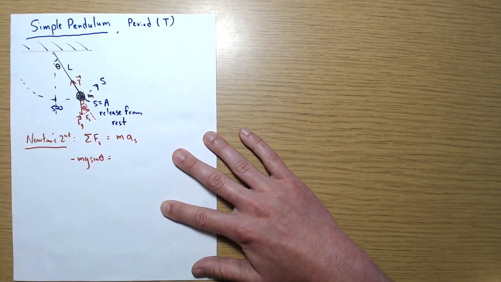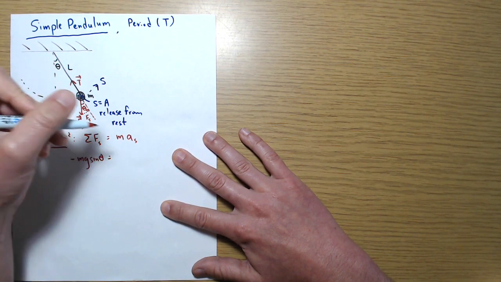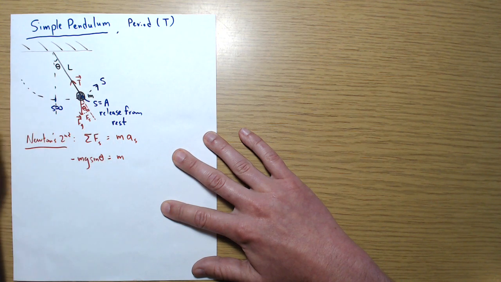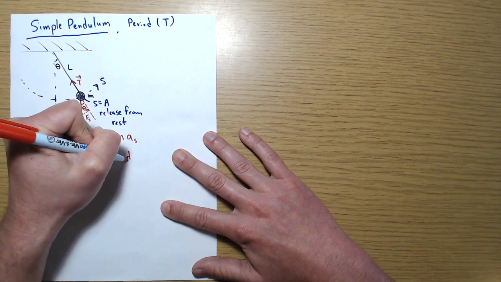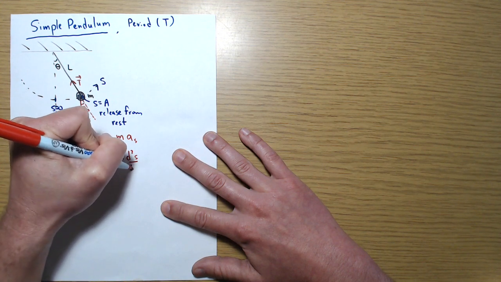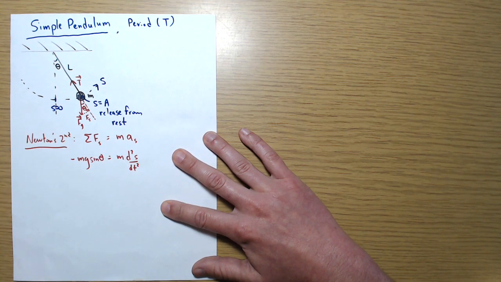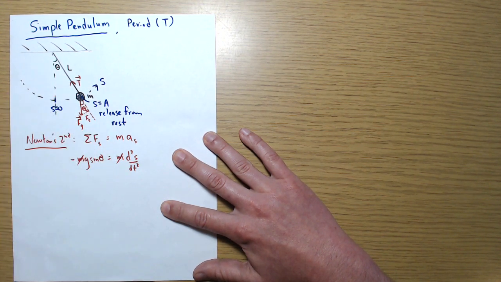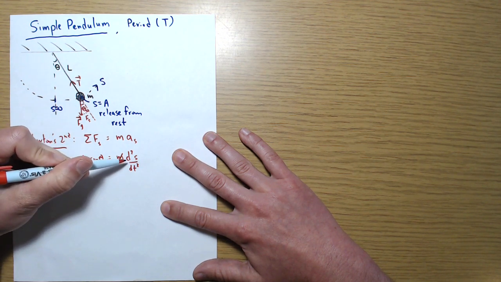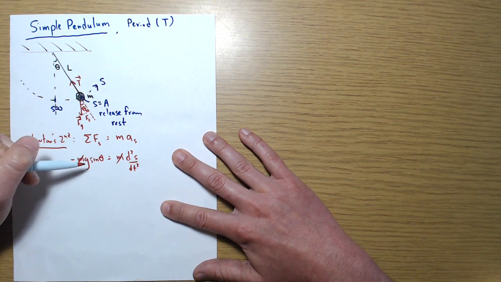This is going to equal m times the acceleration, which is just the second time derivative of the position S with respect to time. Immediately we notice there's a simplification here: the mass M cancels, and I basically get d squared s dt squared equals negative g sine theta.